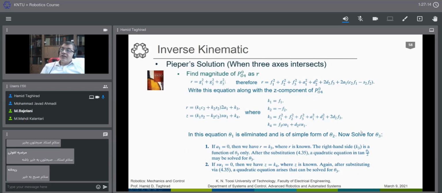Now solve for theta 3. Now we have theta 2 and theta 3 here. We should eliminate one of them. Again, this is in most general form very hard, but there are some simple cases which are usually used in industrial robots, which say that if A1 is equal to 0, then look at here, if A1 is equal to 0, R is equal to K3.